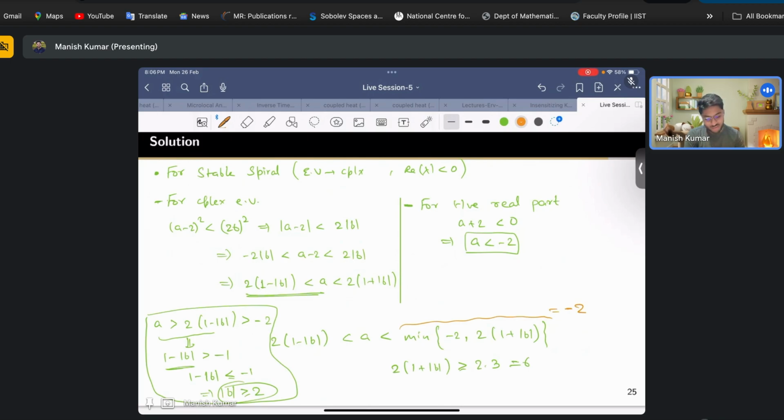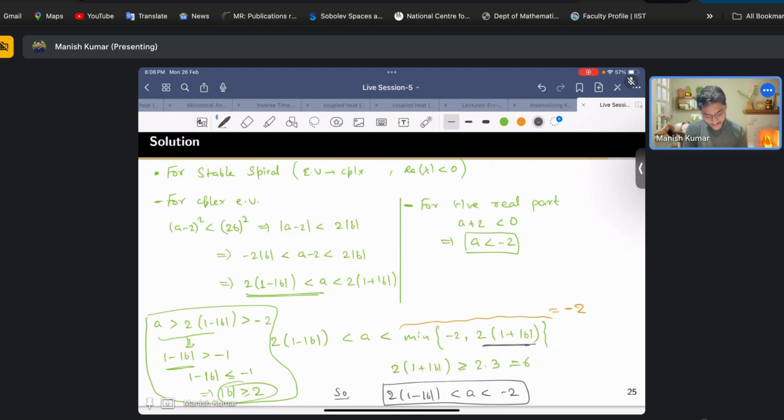So overall the final condition is that a should be lying between 2 (1 minus mod b) and minus 2. Okay, so that's it. So you'll get this condition on a.